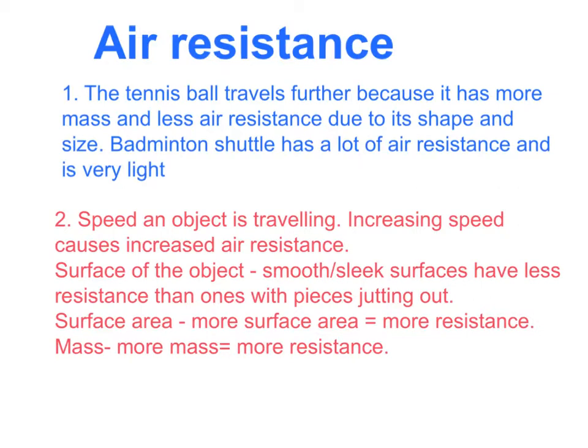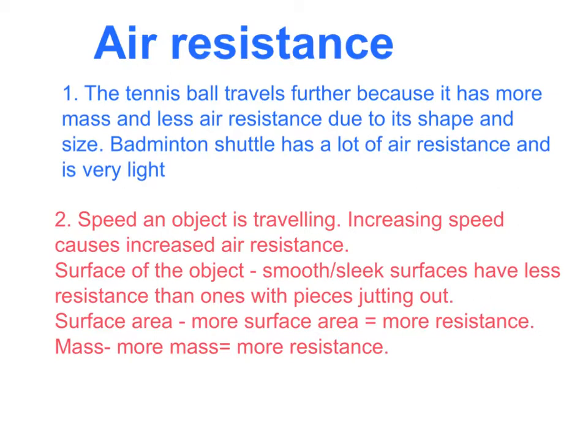The surface area: smooth, sleek surfaces have less air resistance than ones with pieces jutting out. And we're seeing that coming into people's cycling gear that they wear, their helmet, their clothing, and also their swimming suits.